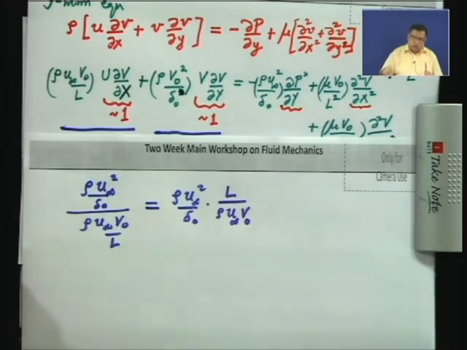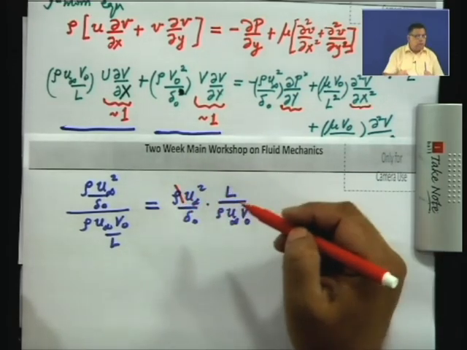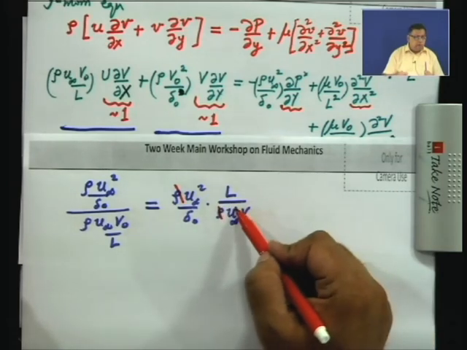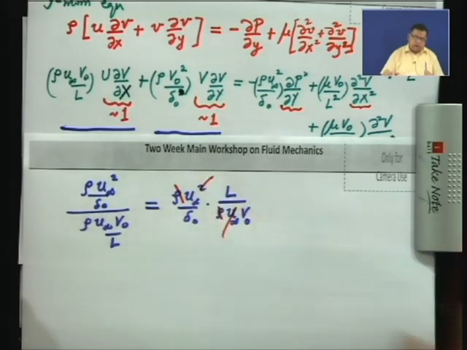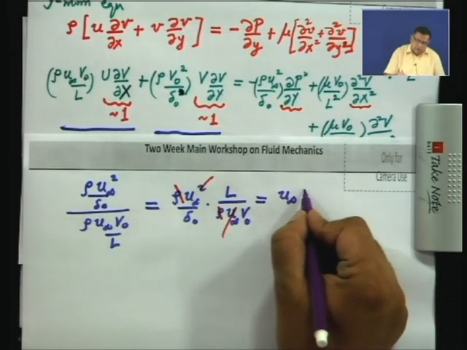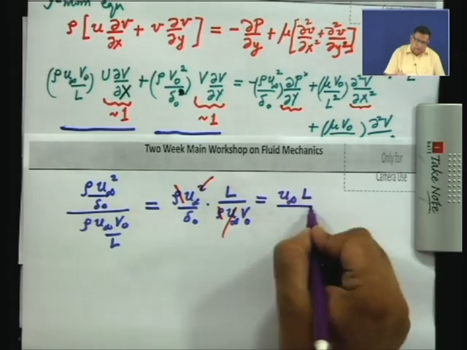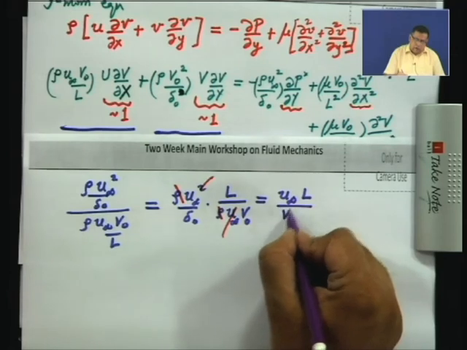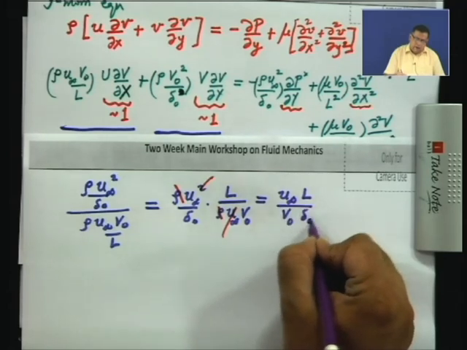So, here you see that this rho is cancelling out, this u infinity will cancel with this squared, and you will get u infinity L by V naught delta naught.